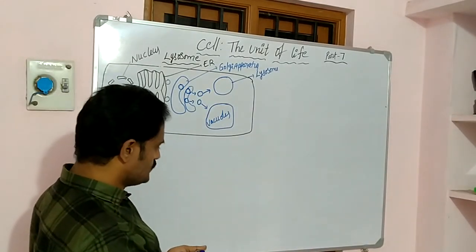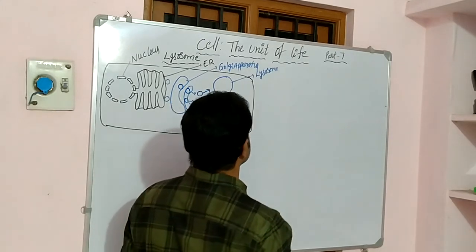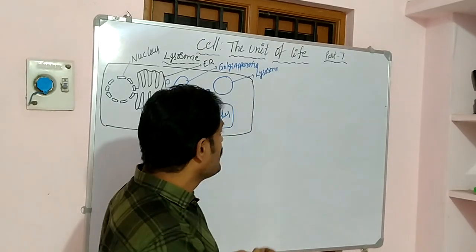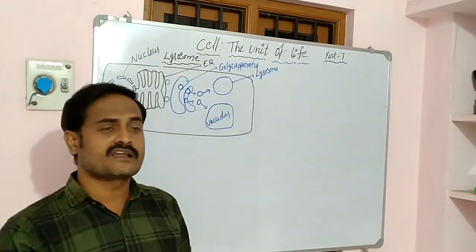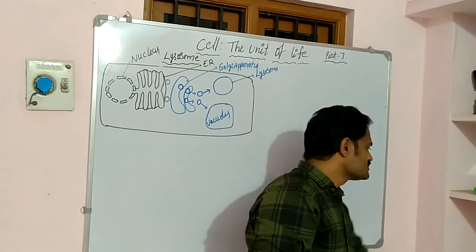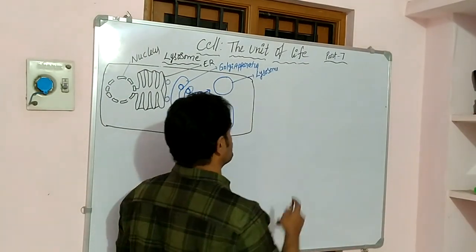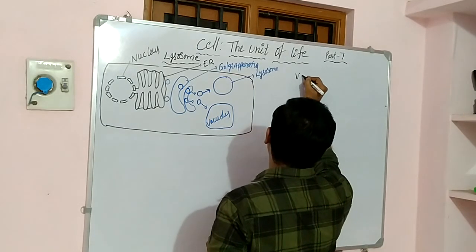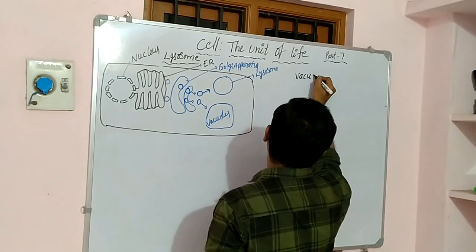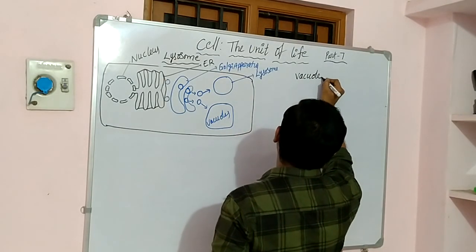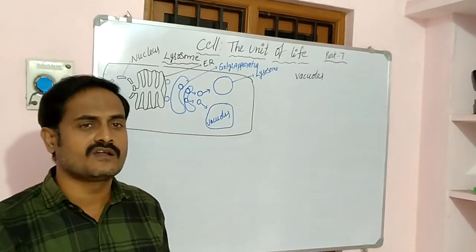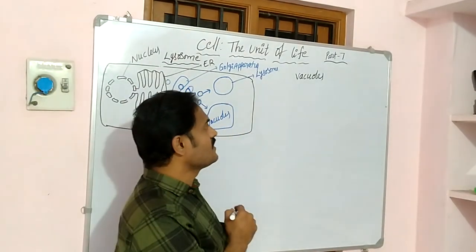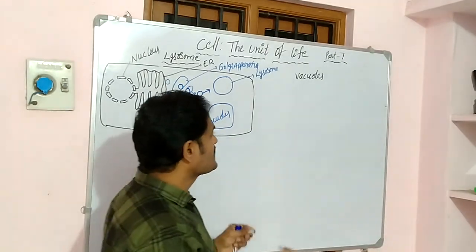Okay, now coming to the vacuole. Vacuoles are not a single type; in all organisms, there are different types. What are the types?